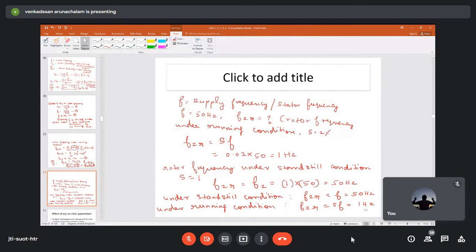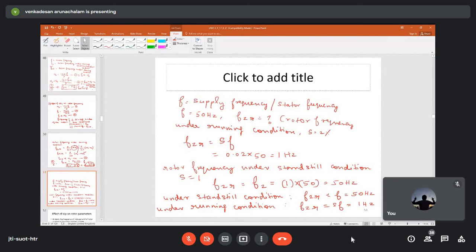That is the rotor frequency under running condition. That is very, very small. Am I correct? It is only 1 Hz. The slip is having such an effect on the rotor during running condition. What is the value of frequency under standstill or starting condition? Simply it is equal to the stator frequency, that is 50 Hz, right?